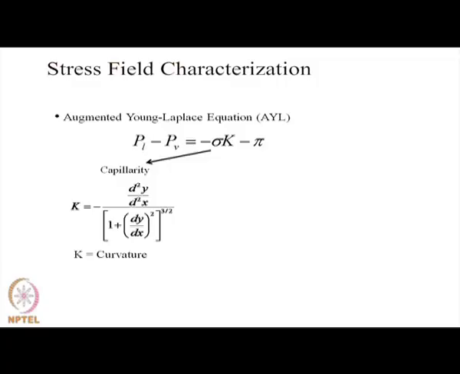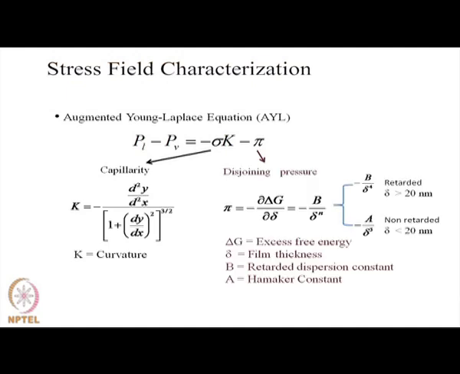The value of capillary forces, which is sigma times k, the curvature, can be expressed for a very thin film as a function of the profile, where y is the film thickness and x is the distance along the solid. So, dy/dx is the slope of the film, and so on.